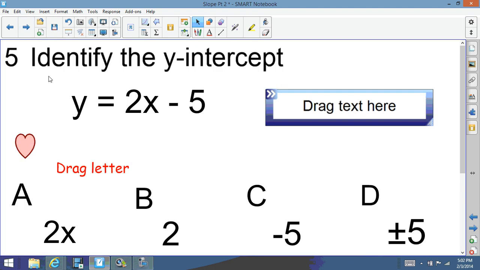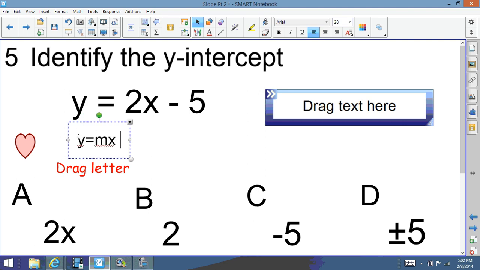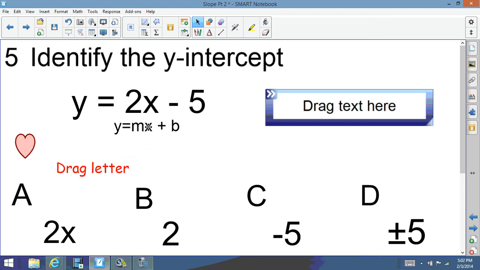Here's another one. Identify the y-intercept. Well, if you remember the slope-intercept form, y equals mx plus b. Let's match it up. So we have y equals, 2 would be the slope, and plus, now they don't have plus here, they have a minus.